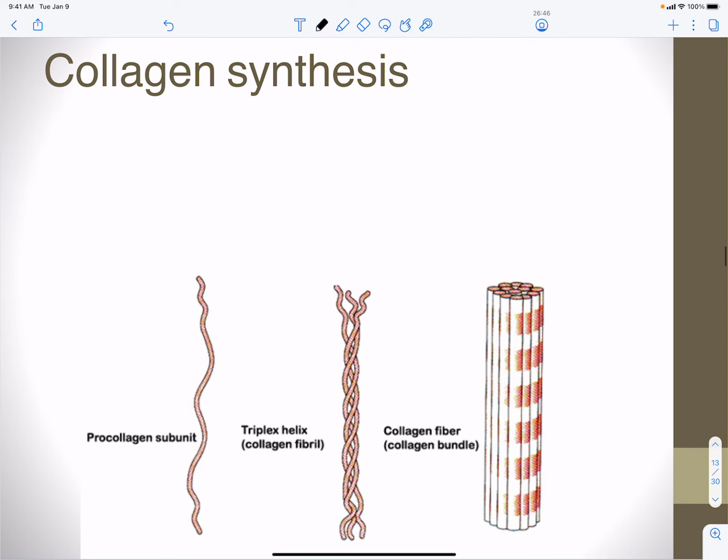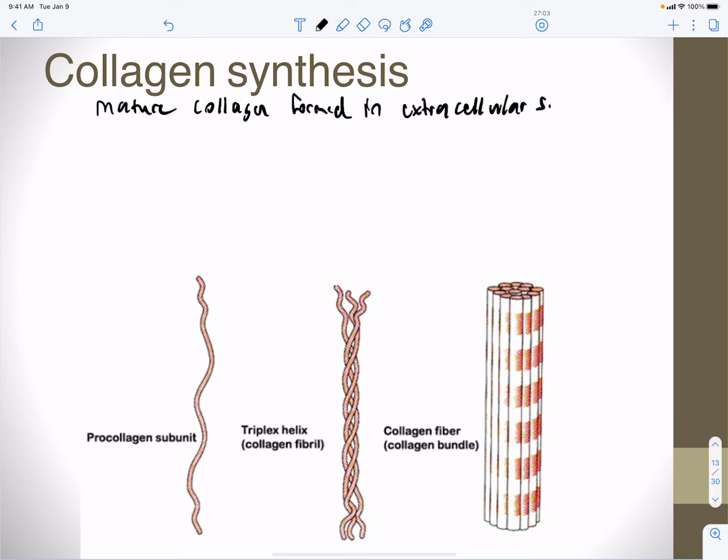All right, so then collagen fibers are going to be formed. Mature collagen fibers are formed in the extracellular space. And then this is going to require lysine and hydroxylysine residues to be oxidized by that lysyl oxidase.